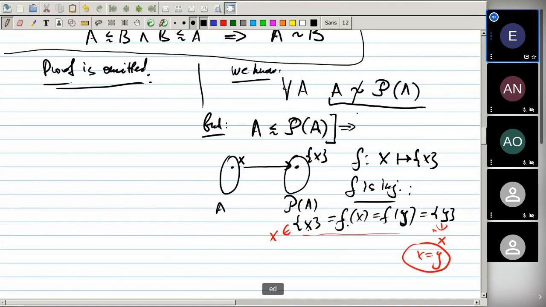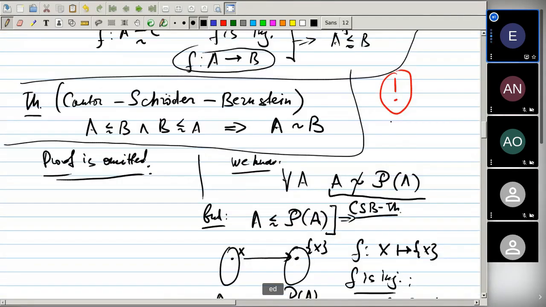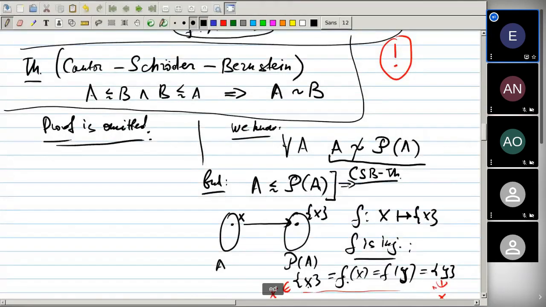In view of our Cantor-Schroeder-Bernstein Theorem, there is a one-way injection, but no bijection. What does it mean? It's less. Informally, you're right. But formally, what does it mean? What is impossible? One injection exists, but bijection is not possible.